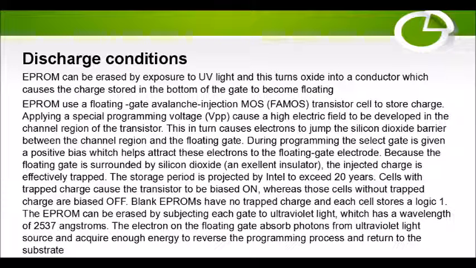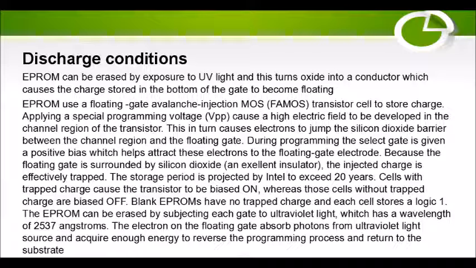Because the floating gate is surrounded by silicon dioxide, an excellent insulator, the injected charge is effectively trapped. The storage period is projected by Intel to exceed 20 years. Cells with trapped charge cause the transistor to be biased on, whereas those cells without trapped charge are biased off.